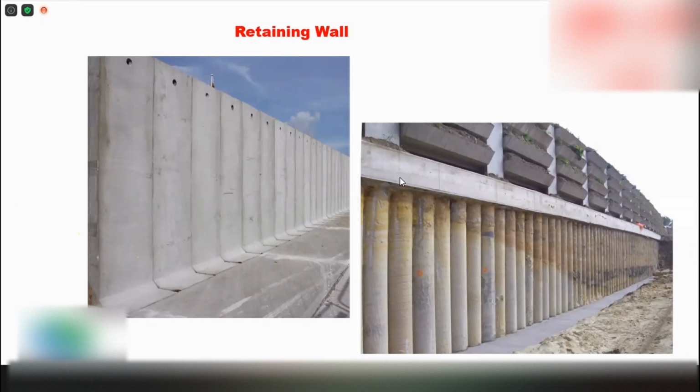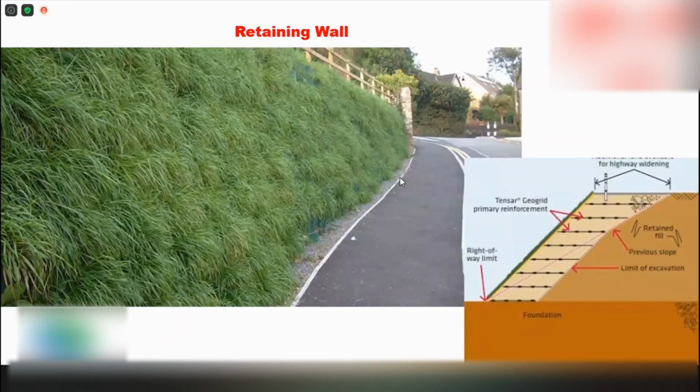Now, what you see on the screen is an almost vertical slope, which is as good as a wall. If we do it in a conventional way, you will see a row of ugly RC retaining wall alongside the road, because there's another road on top, so there's a two-layer road.